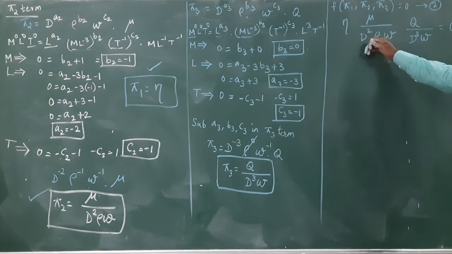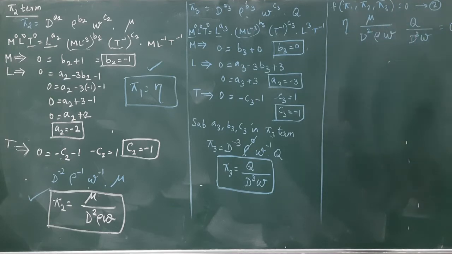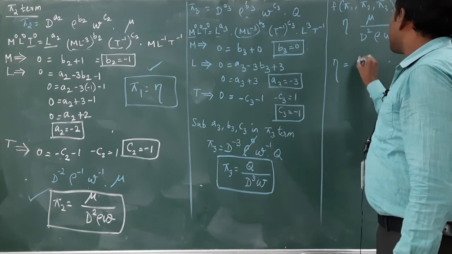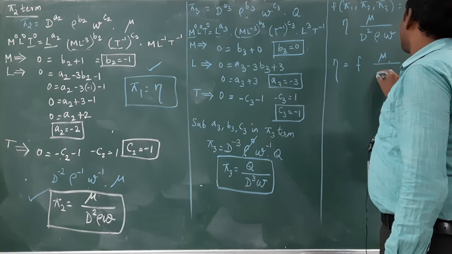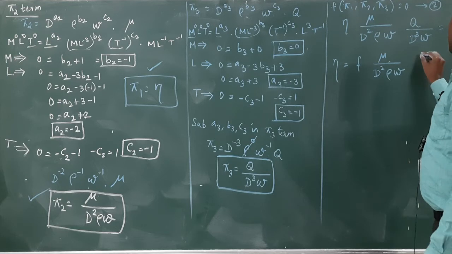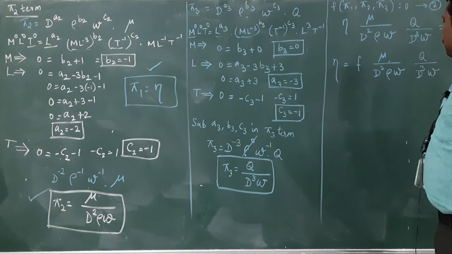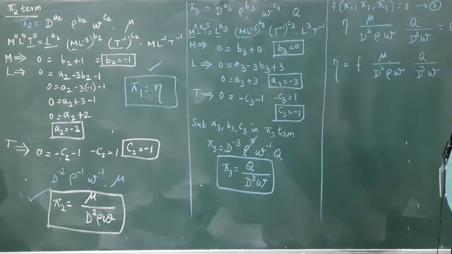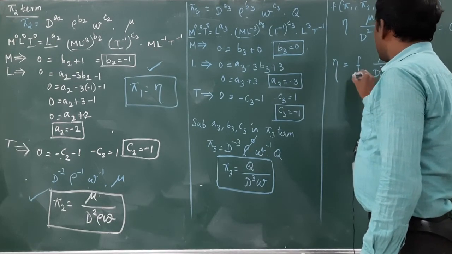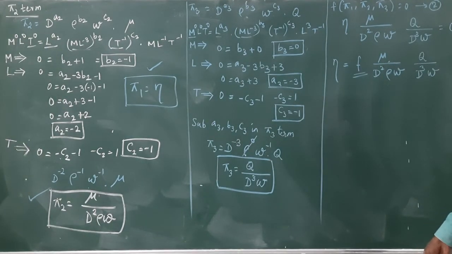In this equation, our ultimate aim is to find out the efficiency. So I am taking the efficiency on one side, which is equal to some function of mu divided by d square rho into omega and q divided by d cube omega. This functionality can be written in any function term, such as f1, g1.